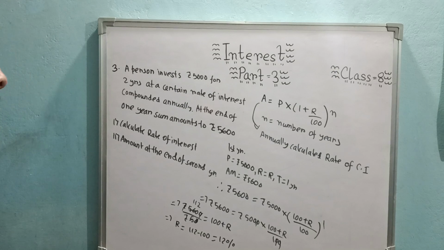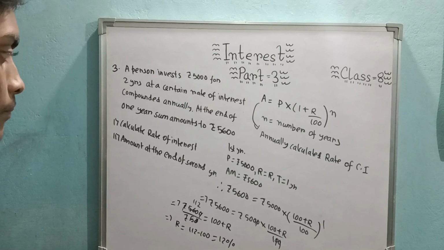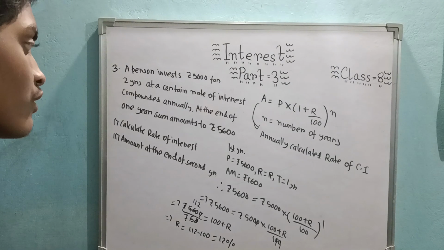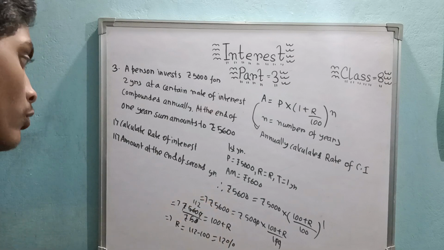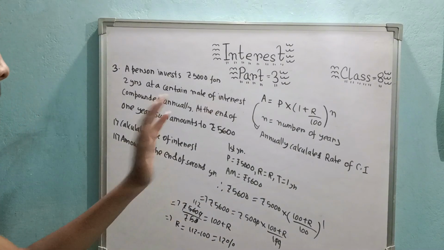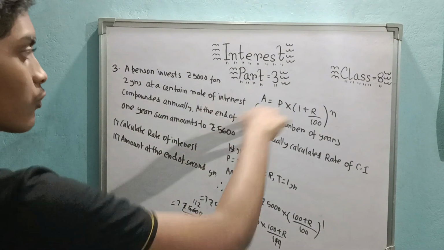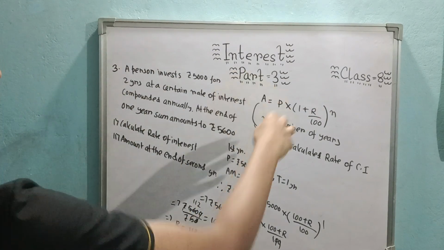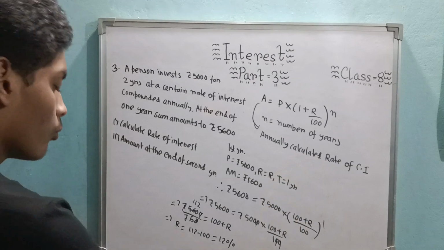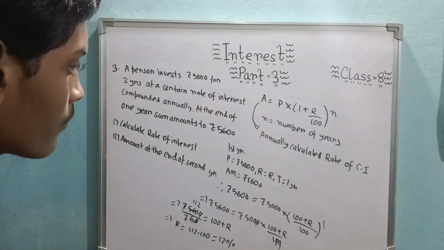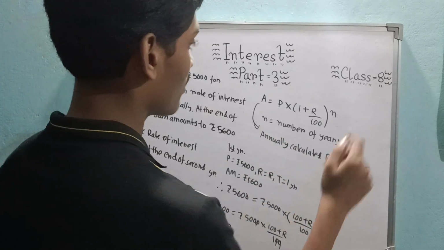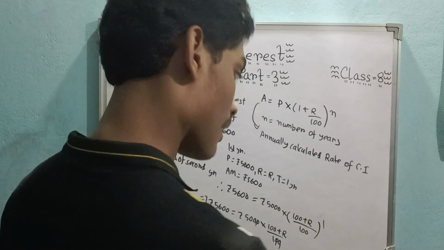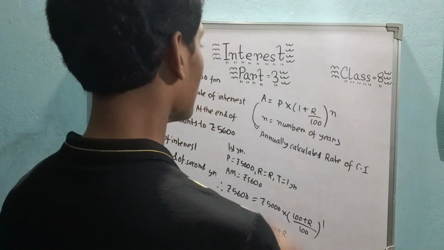Wait, actually I think I will use the formula correctly here. See, for the first year, we have principal, r, and time 1 year, and the amount as this. Put all these things in this formula. Amount 5,600, principal 5,000 into 1 plus r by 100, meaning 100 plus r by 100, to the power n.